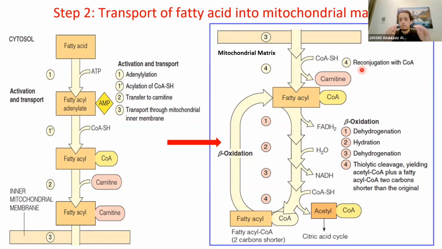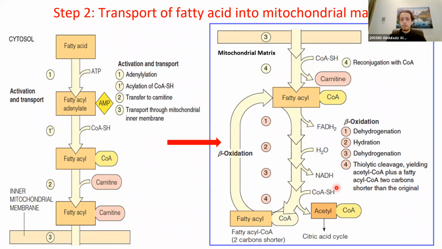Beta oxidation is a series of 4 reactions, where the first reaction is a dehydrogenation reaction, essentially removal of a hydrogen. This hydrogen will attach to FAD, and FAD will turn into FADH2. The second reaction is a hydration reaction, which is essentially just adding water to the fatty acyl CoA.